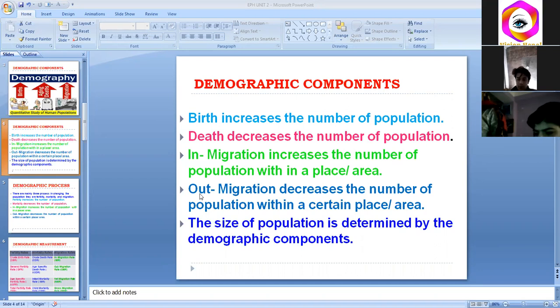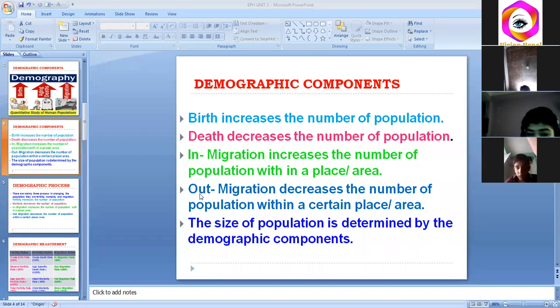When a woman gives birth to a baby, the population of that area increases. Similarly, death decreases the population. If someone dies in a particular area, then the population of that area decreases.